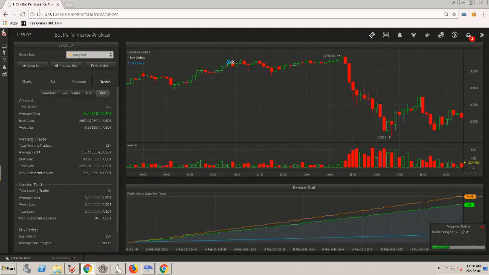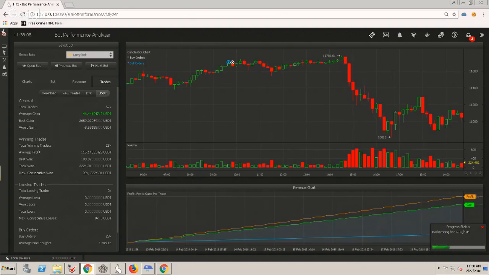All you have to do is have your finger on the trigger to start the bot with your pair and let her rip.